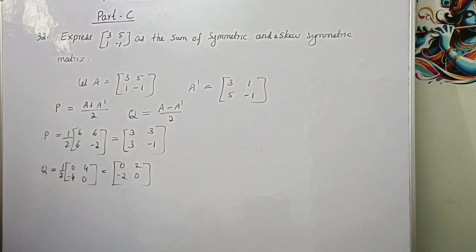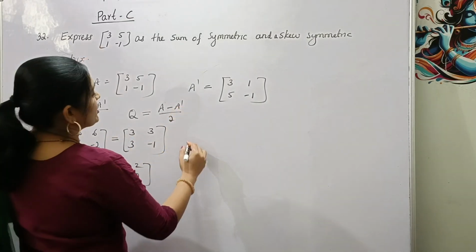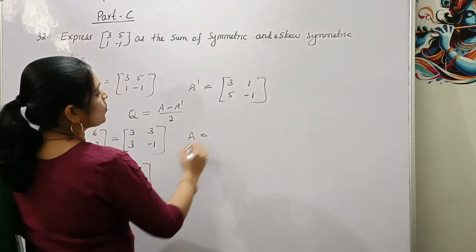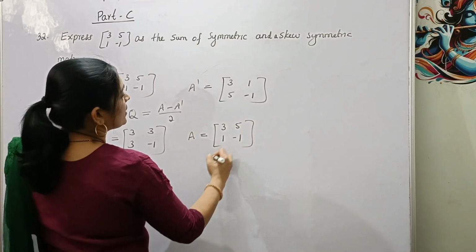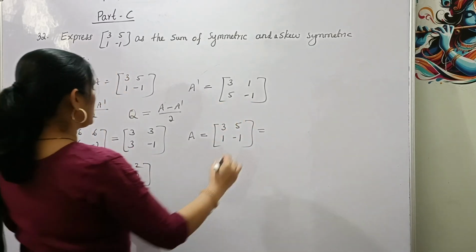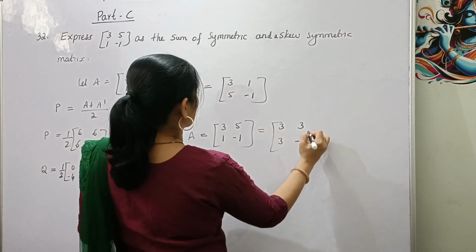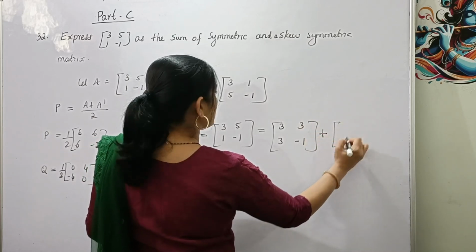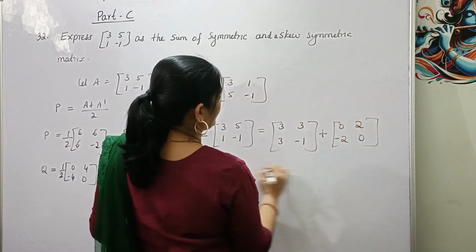It is the skew symmetric matrix. Now the given matrix A, 3, 5, 1, minus 1, is equal to 3, 3, 3, minus 1 plus 0, 2, minus 2, 0.